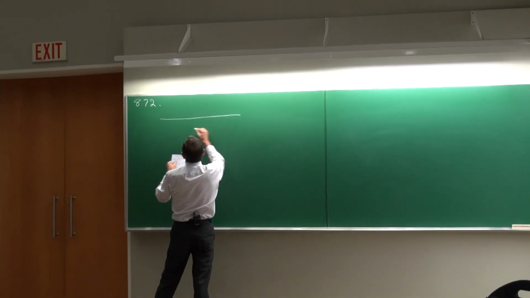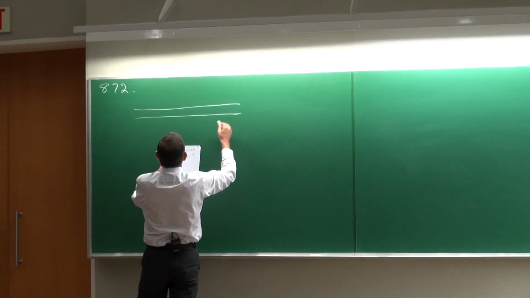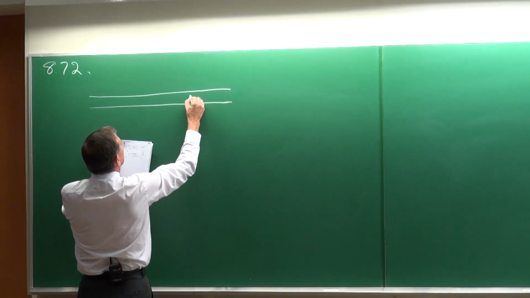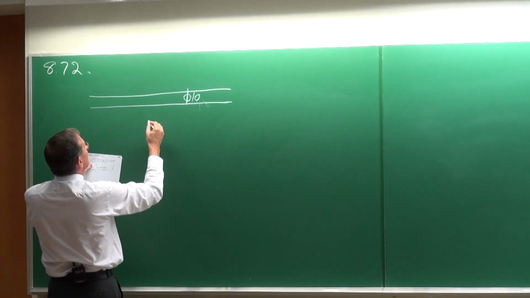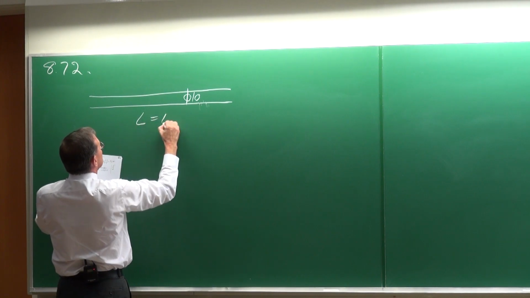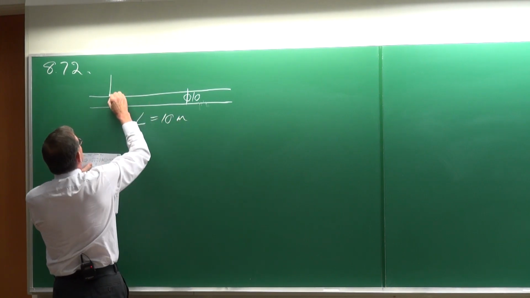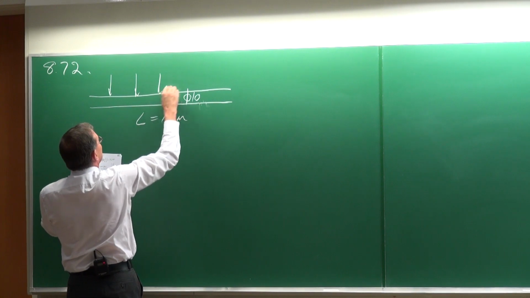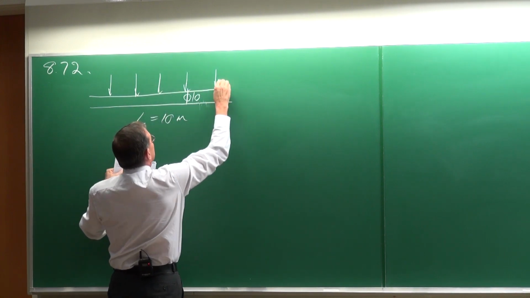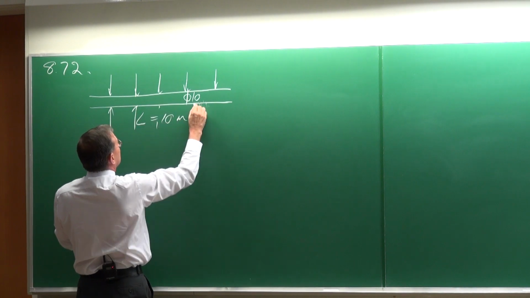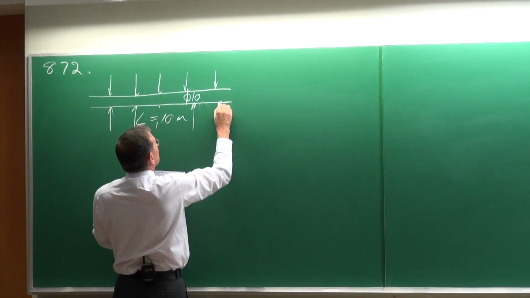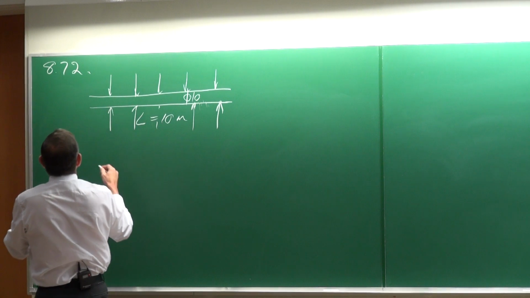Schematically, there is the pipe or the tube. It says that the diameter is 10 millimeters, its length is 10 meters, and it is being heated by an electrical resistance heater, and therefore we've got a constant heat flux heating situation.